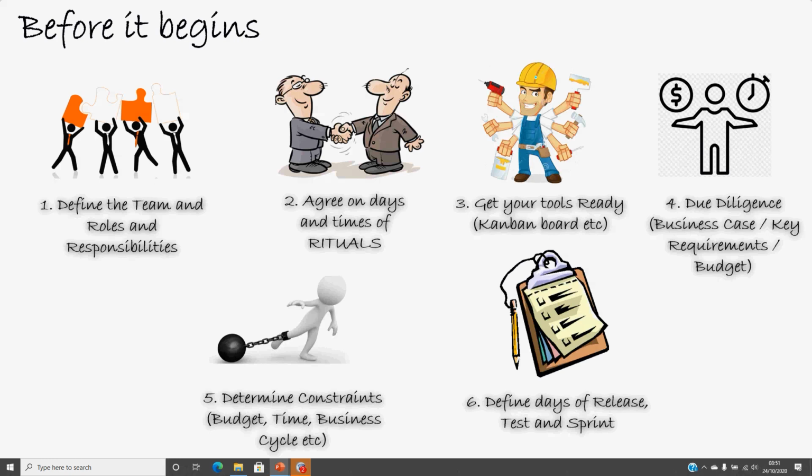You are going through your user stories. What is the budget under which that needs to be delivered?